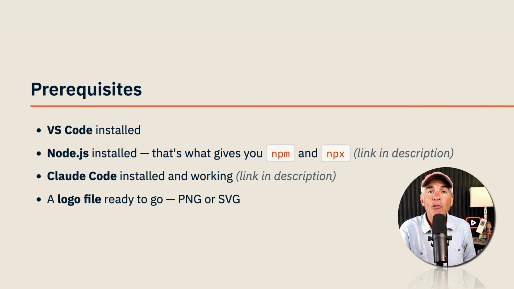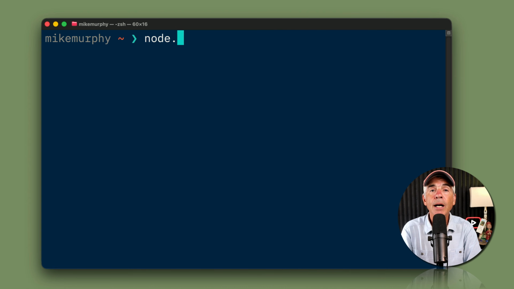The prerequisites are the requirements to follow along in today's tutorial. Node.js must be installed on your computer, and to check that you have it installed, open up the Mac OS terminal or the command line.